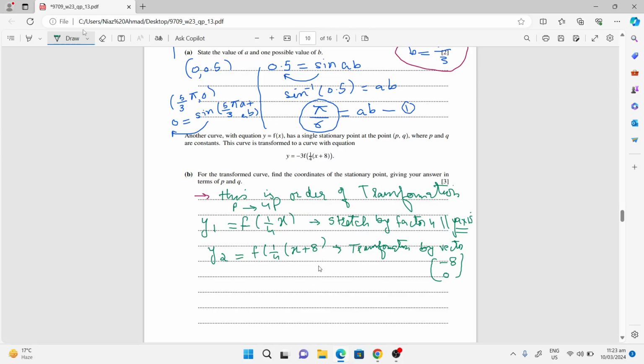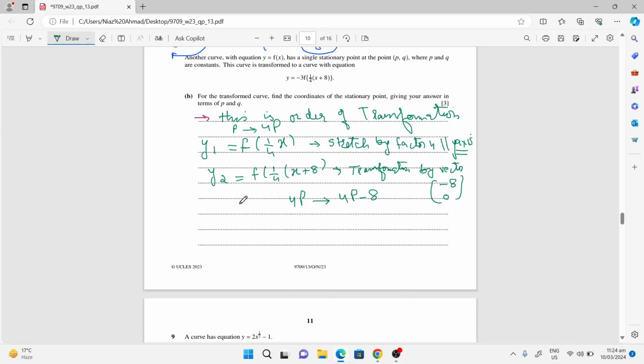Now negative 8 is also attached to it. At the first transformation it was 4p, and now in the second transformation it is 4p, but 8 is being subtracted from it. So 4p minus 8 will be our second transformation. We have to follow the order. Order of transformation is very, very important.